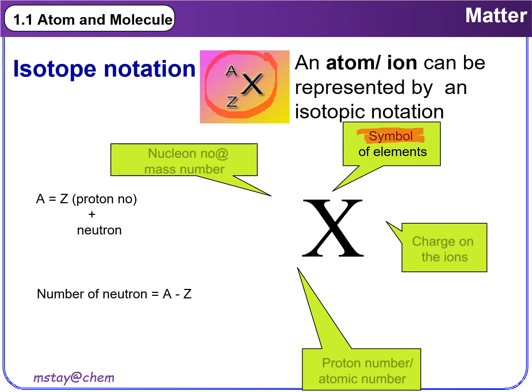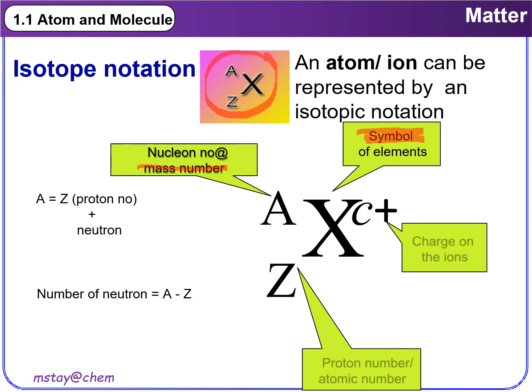Like just now, we mentioned carbon, so the symbol for carbon is C. The second is the neutron number, represented by the symbol A. As we mentioned, it can also be known as atomic mass number. But in this slide, they also use the term mass number.